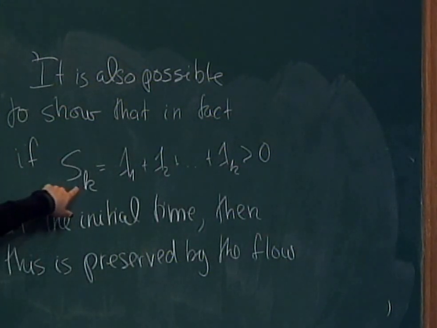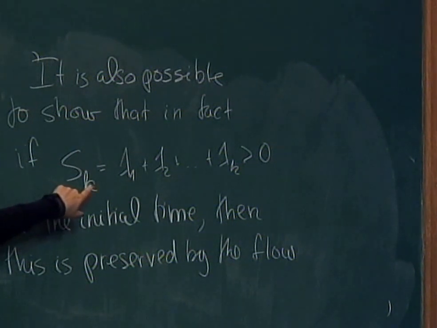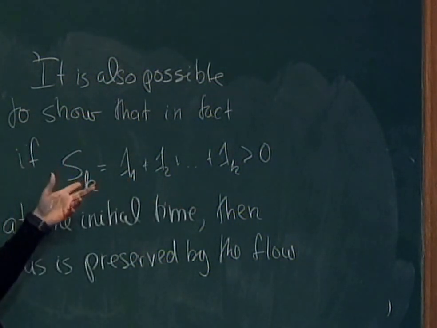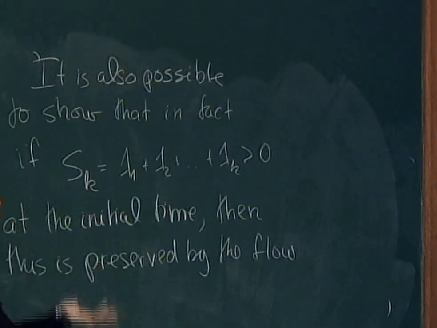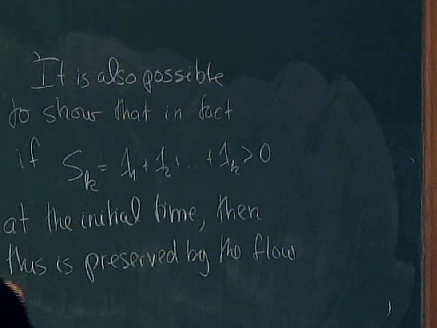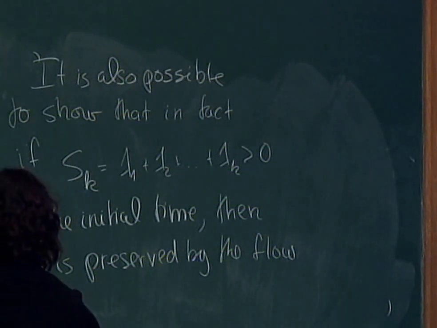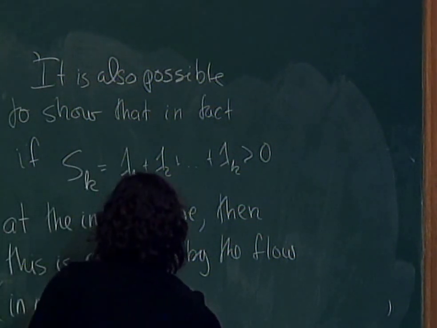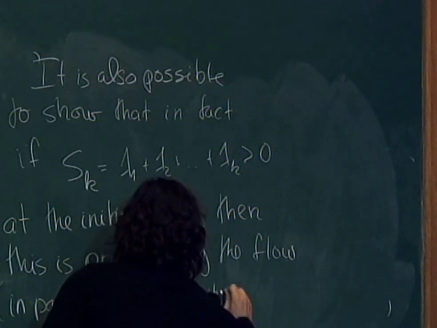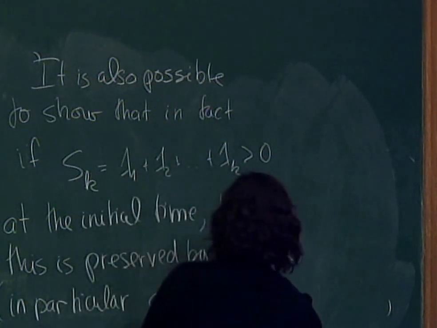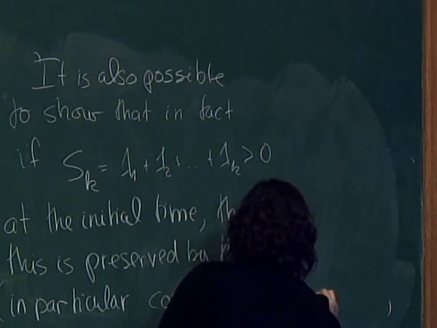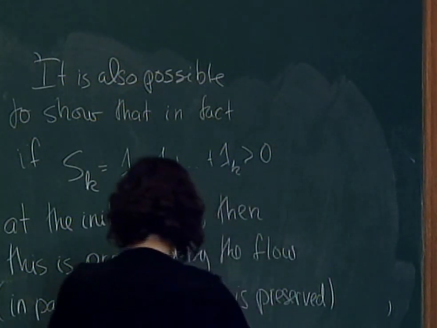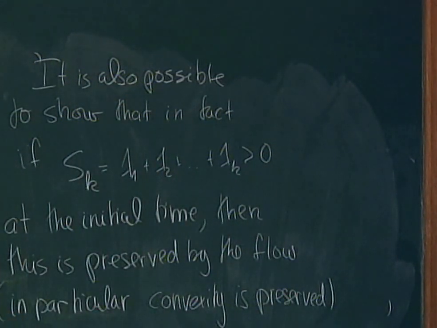In particular, if S1 is positive, that means that all the principal curvatures are positive, and that means that it's convex, and that means that convexity is preserved. Okay, so these are some consequences of the maximum principle.